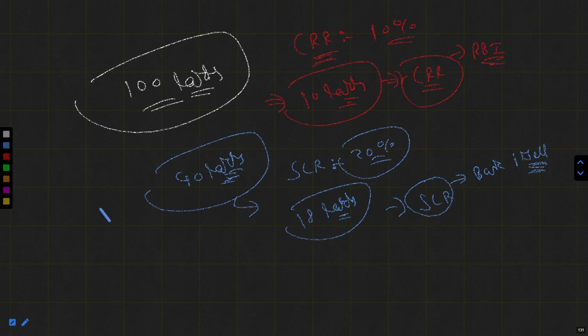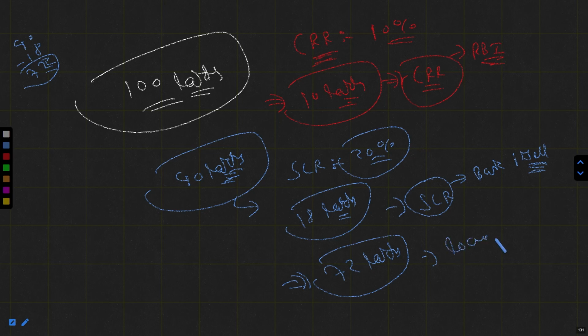Thereafter, the remaining amount is 90 minus 18, 72, right? So right now, the bank has rupees 72 lakhs left with them for loans and other activities. So that's how the SLR and the CRR work. Got it?